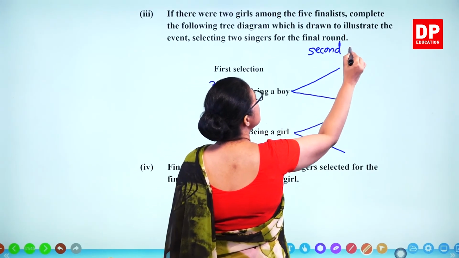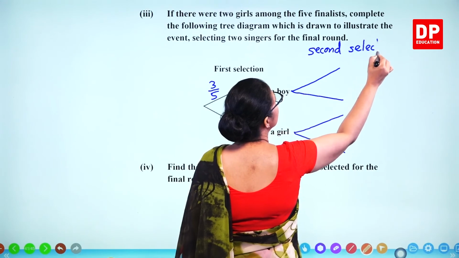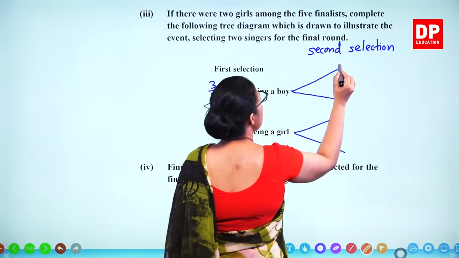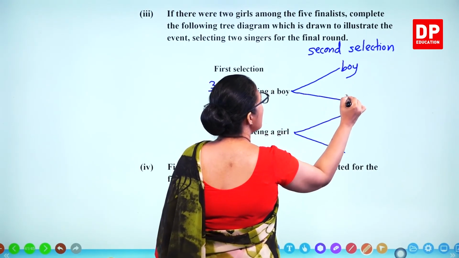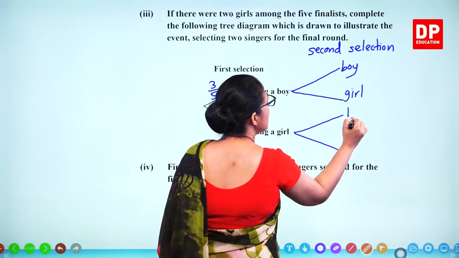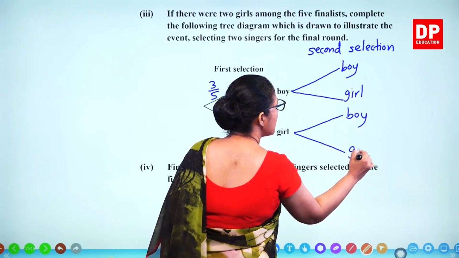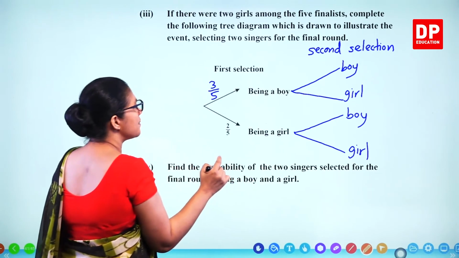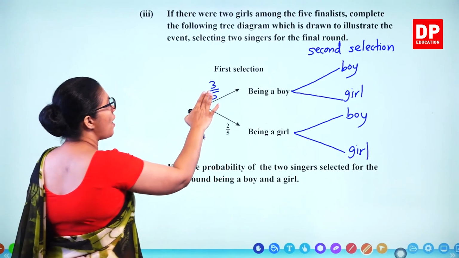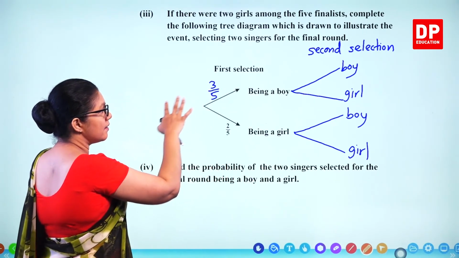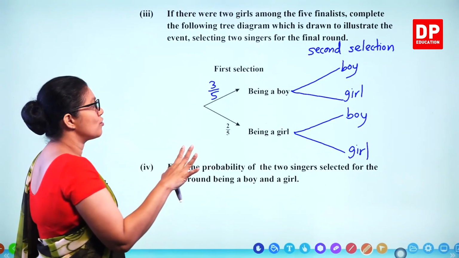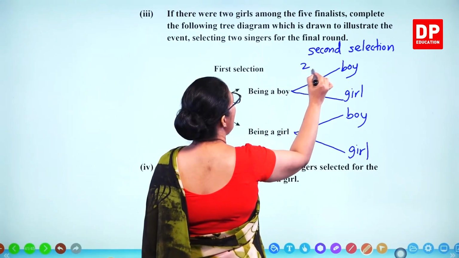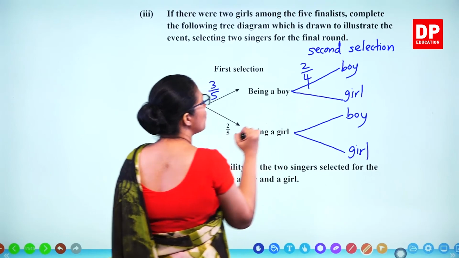Second selection. Again, being a boy, being a girl. Boy, girl. So what's the probability? Now already one boy is taken. So 3 boys were there. So now it becomes 2. And the denominator becomes 4.